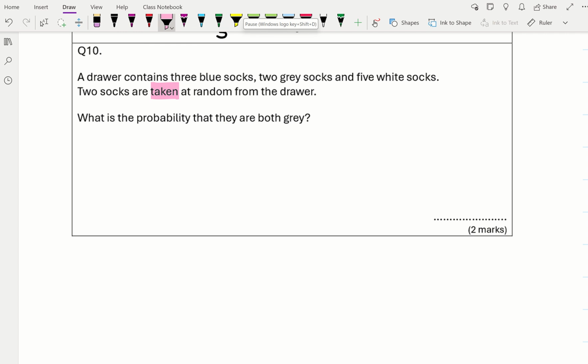So what is the probability that both socks are grey? So you want the probability of grey and grey. Well, there are 2 grey socks. So we start with 2 over 10, 10 because there is 3 plus 2 plus 5.